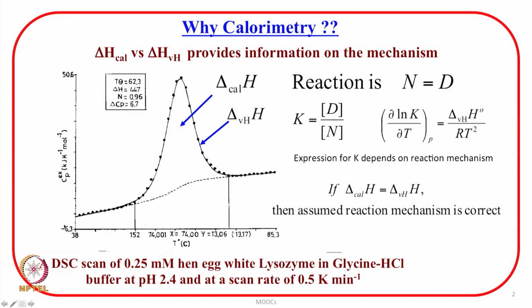Now, if we take a look at the shape of the differential scanning calorimetric output profile, the heat capacity initially is having a slope. There is an increase in heat capacity when the temperature is increased, and when the transition starts, obviously the heat capacity becomes indefinite.